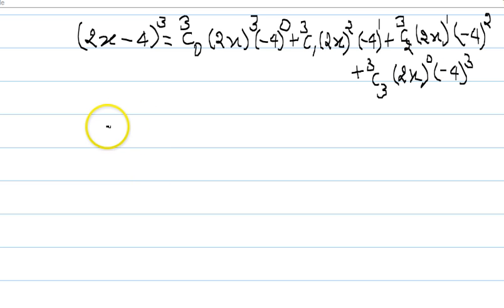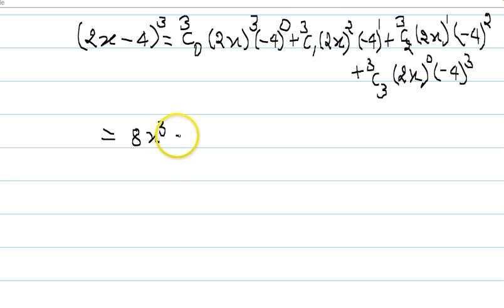Now we are going to simplify all these terms. 3C0 is going to be 1. Now (2x) whole cube is going to be 8x cube, and minus 4 raised to the power 0, any number raised to the power 0, is going to be 1.